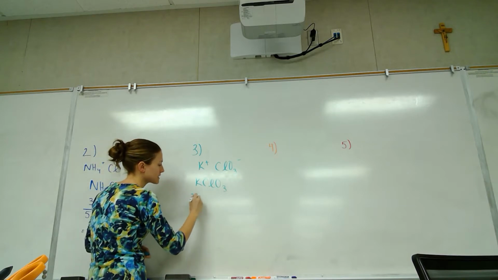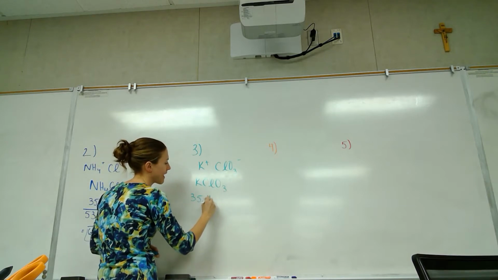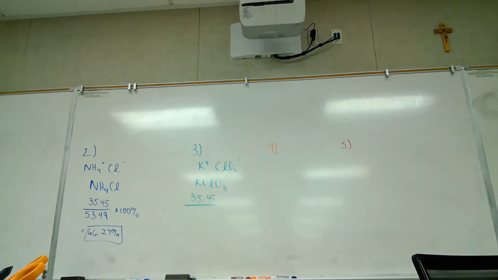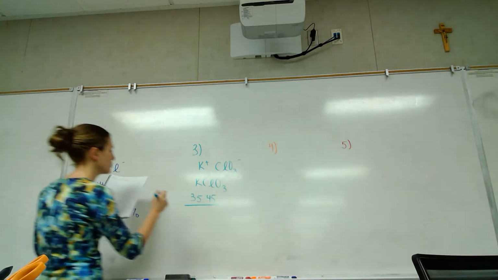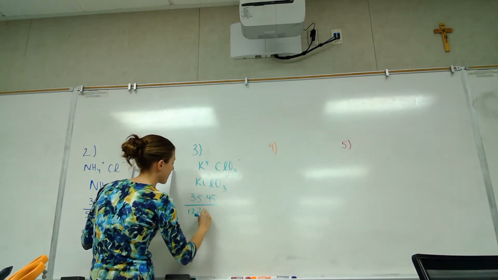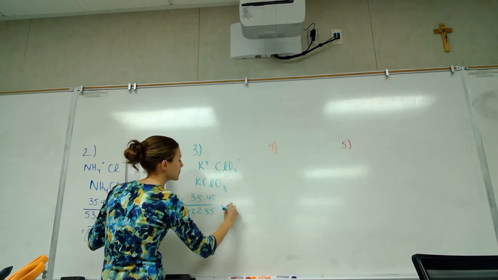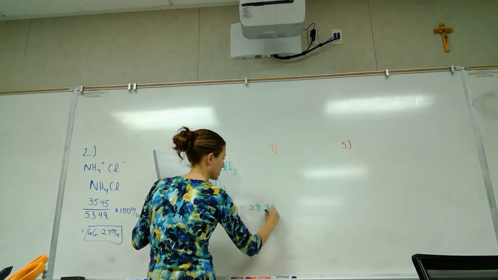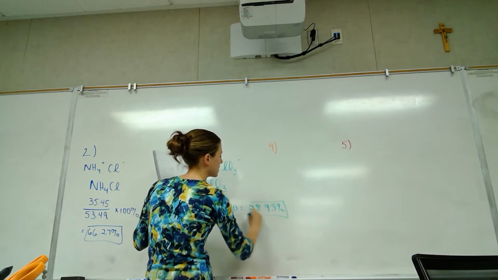Again, mass of chlorine is 35.45, divided by the total molar mass, in this case, 122.55. Multiply by 100. 28.93%.